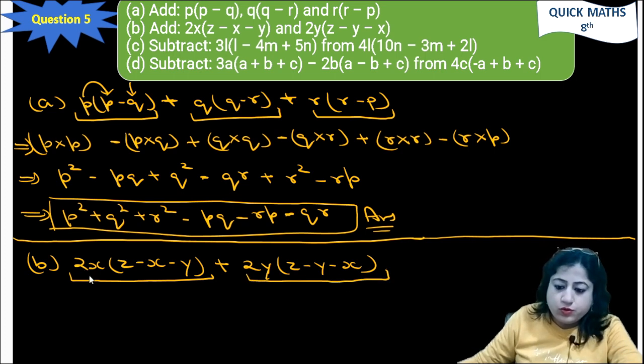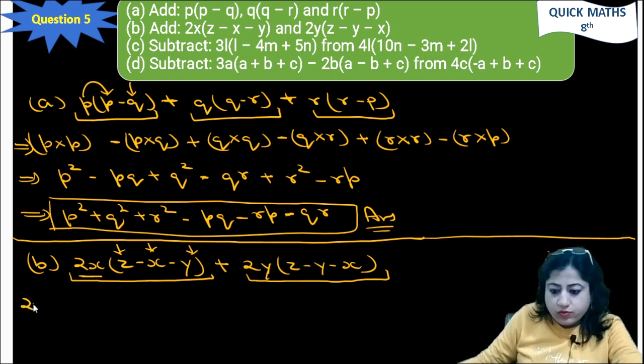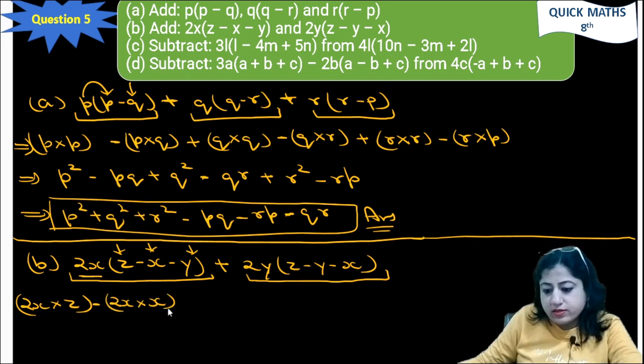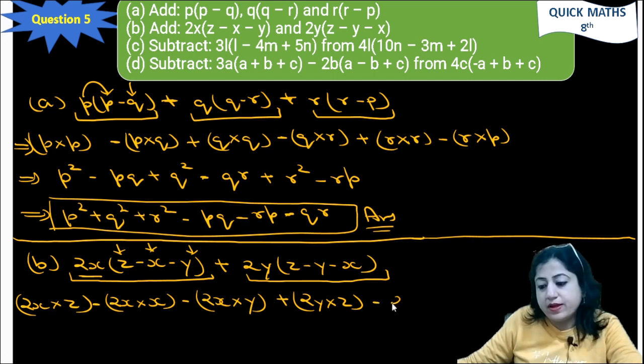In this case 2x is outside, so using the distributive law, 2x will multiply first with z, then minus x, then minus y. So I will write 2x multiply with z, minus 2x multiply with x, again minus 2x multiply with y, plus 2y multiply with z, minus 2y multiply with y, and then minus 2y multiply with x.